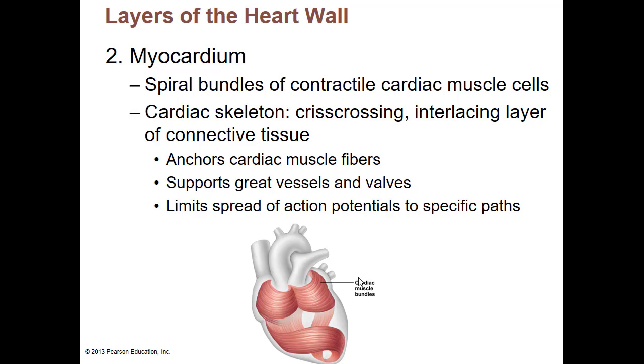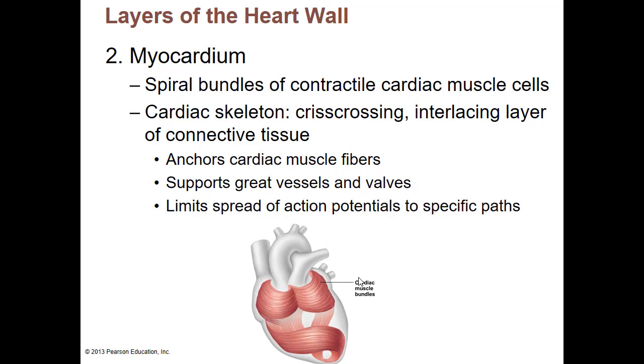The interesting part about your heart muscle is it doesn't just run in nice straight lines like your skeletal muscle does. It wraps around the atria, wraps around the ventricles in these swirling patterns. They crisscross, they interlace, and they form that way for a reason.